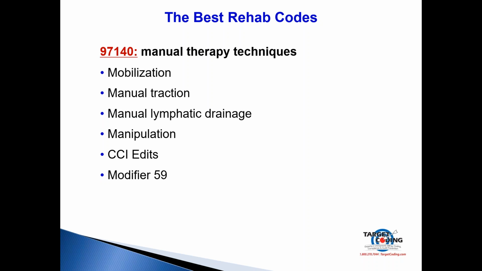It could be used in an active or passive fashion to affect changes in the soft tissues, articular structures, vascular systems. Examples could include facilitation of fluid exchange, restore movement in acutely edematous muscles, and stretching of shortened connective tissue. It's used when a loss of motor ability impedes function. So it's an excellent code.